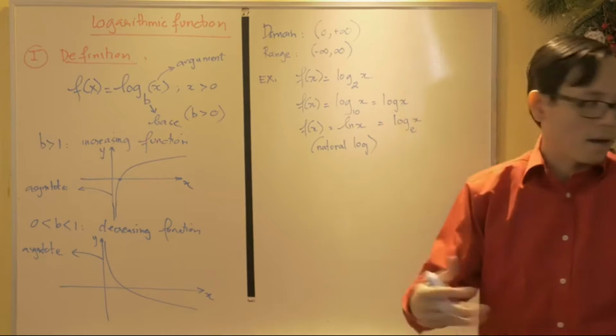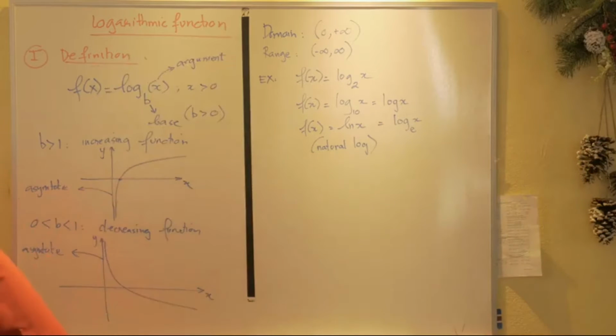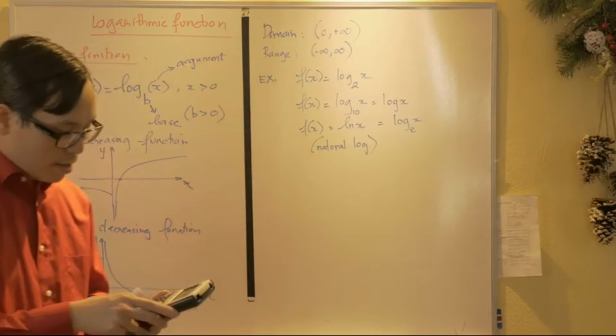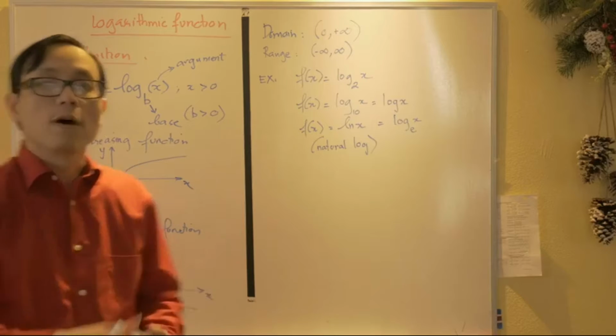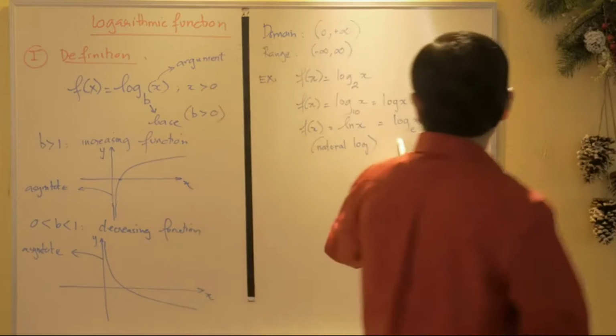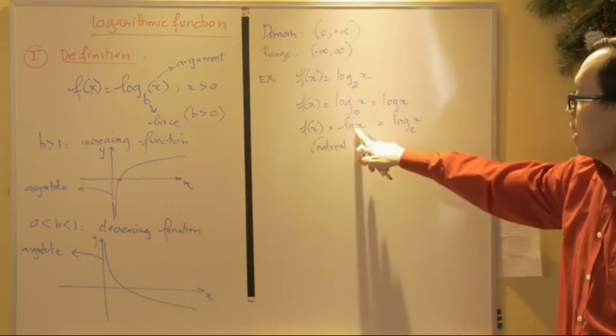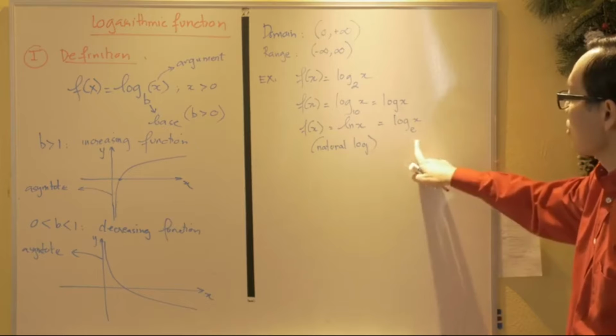E is about, you can put it into the calculator, 2 point something. You remember I showed you last time. I just want to make sure: 2.71. That's the e. So if they write ln x, then you know right away this is log base e of x.